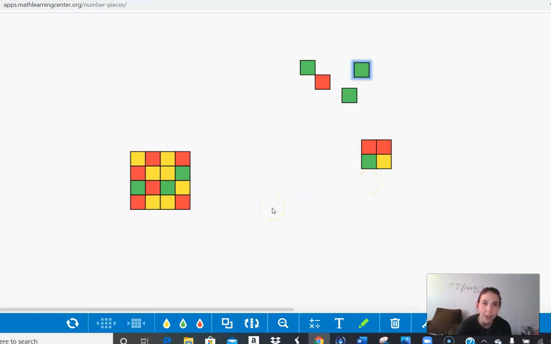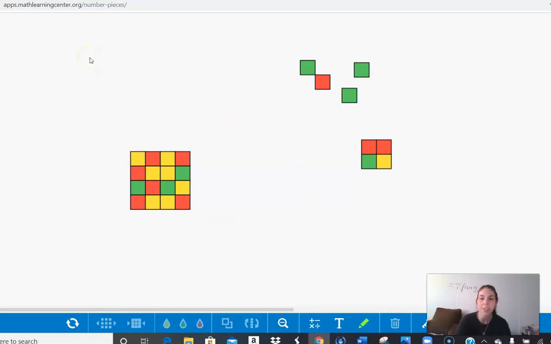What if you had, let's see, we did 4 and 4, 16. What if you had 12 blocks? How could you use 12 blocks to make a square?